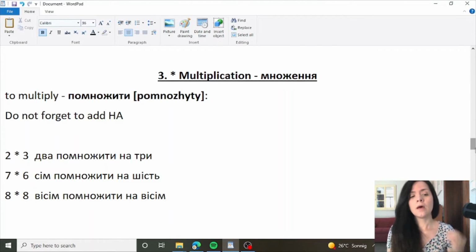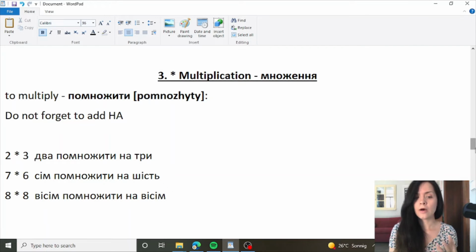And we shall have 2 multiplied by 3, 2 помножити на 3. 7 multiplied by 6, 7 помножити на 6. And 8 multiplied by 8, 8 помножити на 8.